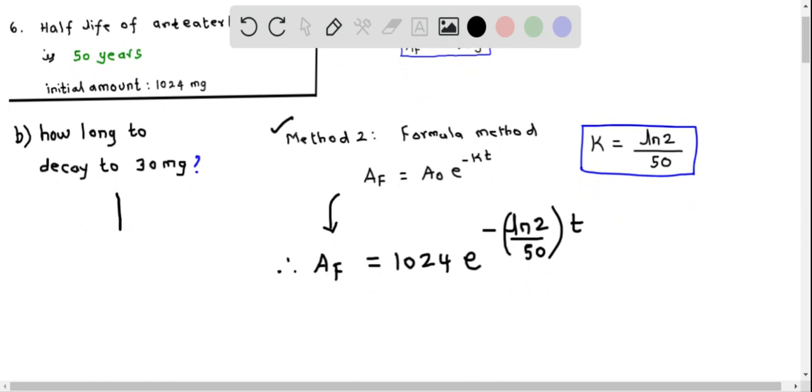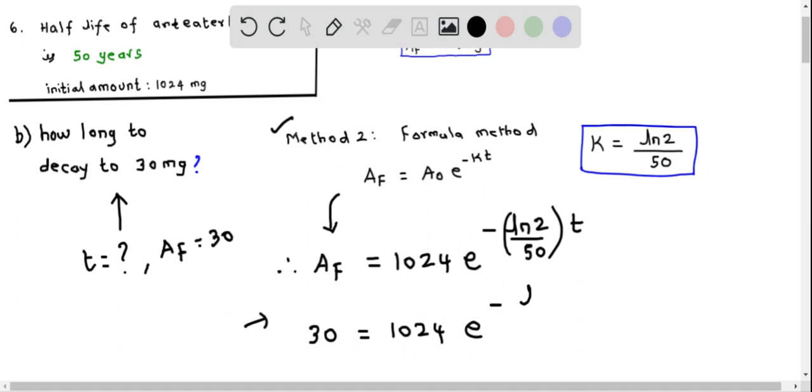Since we want to determine the time, we have to determine the time when the final amount is 30 milligrams. So we say that we have to find the t when A F equals 30. So let's plug in A F equal to 30 here, and this becomes 1024 e raised to the power of negative natural logarithm of 2 over 50 times t.